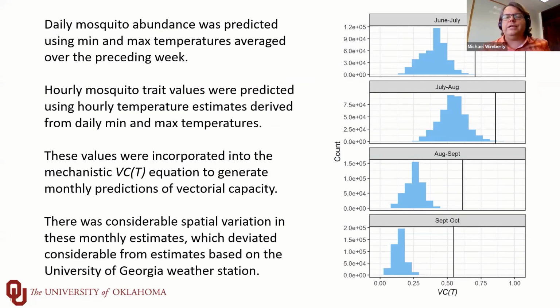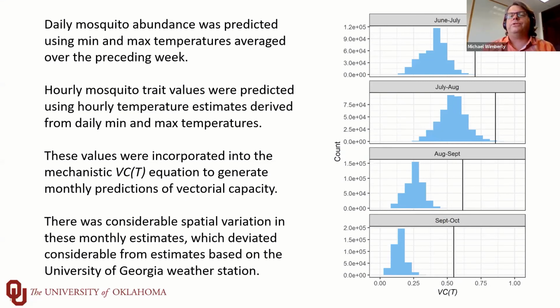Just quickly, this is looking at results for 4 different months of the season. And the story here is that if you look at the blue histograms, those are the histograms of vectorial capacity during each one of those months. And we've relativized these VC estimates, so the numbers themselves aren't all that interpretable, but basically higher is a higher probability of disease transmission.